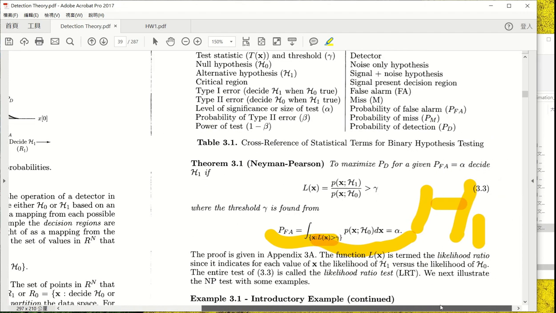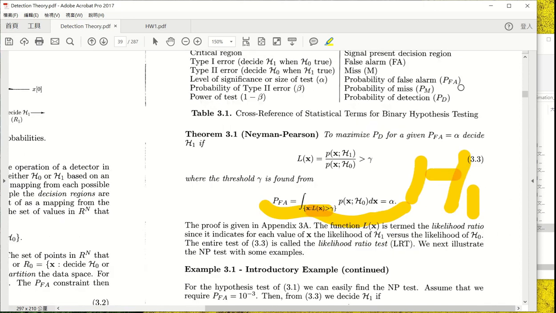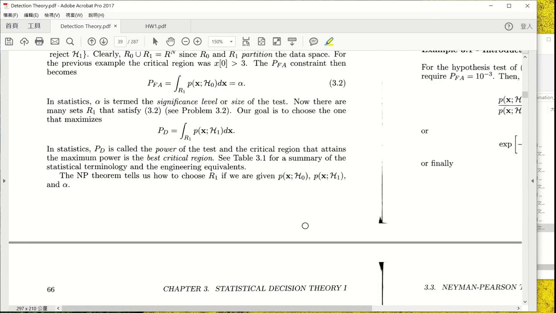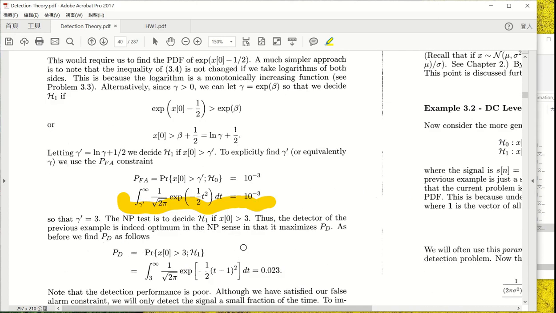We can go back to this Neyman-Pearson approach on page 65. We have PFA equal to something. Of course, if we decide that x is larger than 3, then it satisfies this.